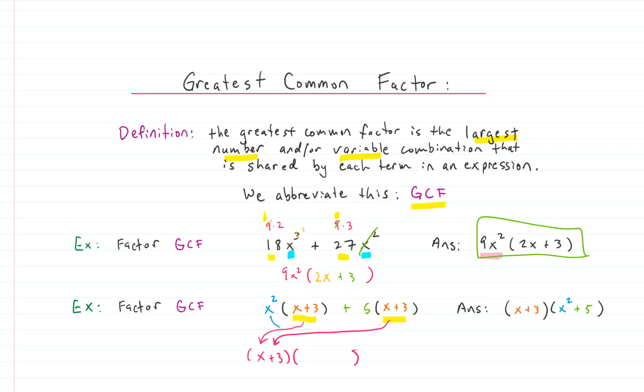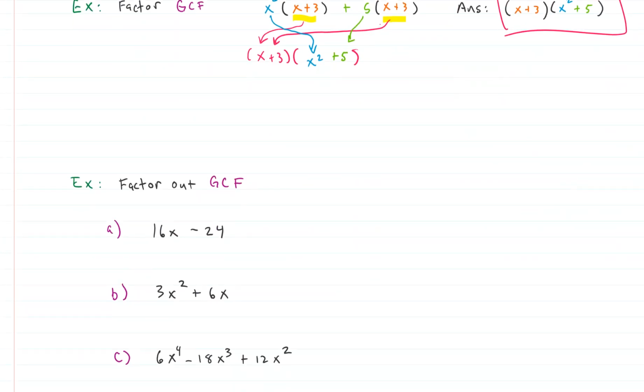Well, we have this x squared, and we have this plus 5. So there we go. When you pull out the common factor, you have the quantity x plus 3 times the quantity x squared plus 5.